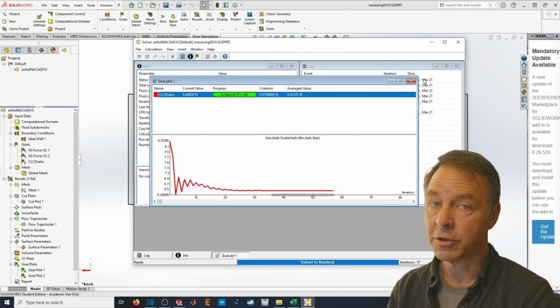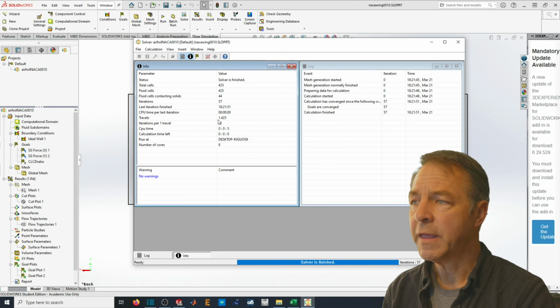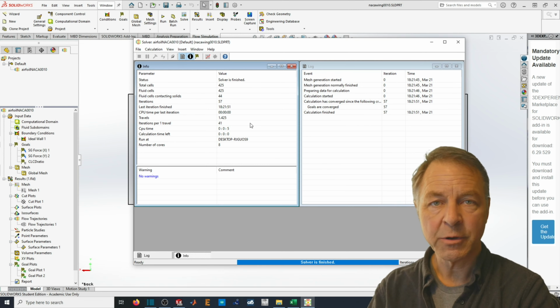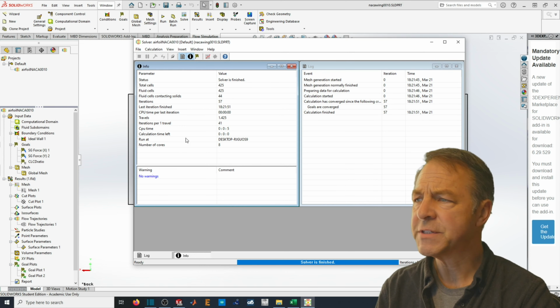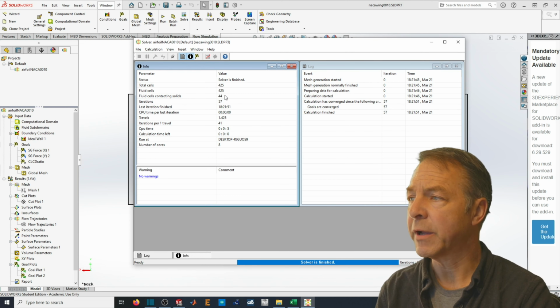Now keep in mind, we're looking for 22, so 6.4 isn't there yet. That calculation settled out at a steady value after 57 iterations, and that took 5 seconds of CPU time. So that's fairly quick.